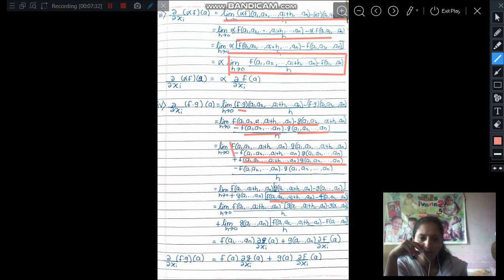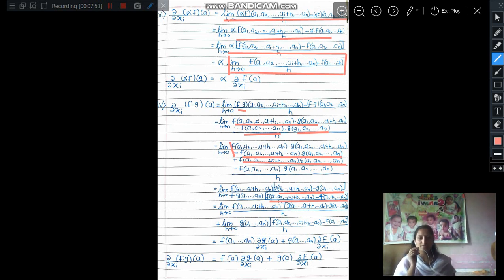So now f of (a1, ..., ai + h, ..., an) into [g of (a1, ..., ai + h, ..., an) minus g of (a1, ..., an)] upon h. Okay, we separate the limit. The first term is separated, and here the limit h tends to 0. We separate these two terms.